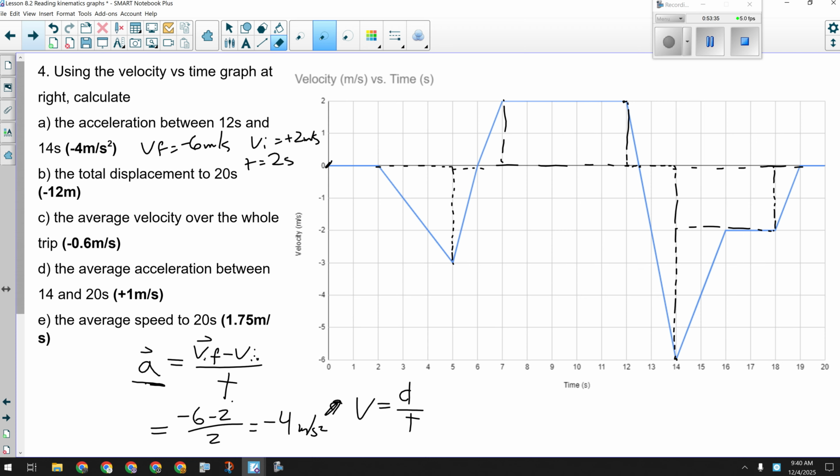Have I accounted for all the area between the line and the x-axis? Everything is included in some rectangle or triangle.